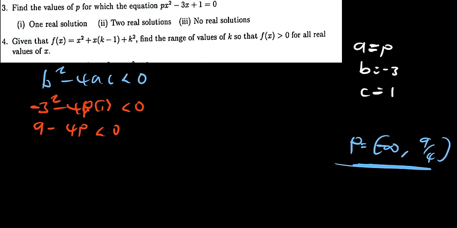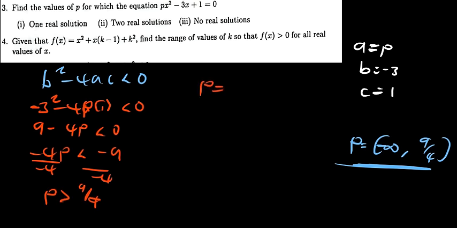Shift this, negative 4p less than negative 9. You divide by negative 4, so p will be greater than 9 over 4. So the values of p should be from 9 over 4 to positive infinity. Done.